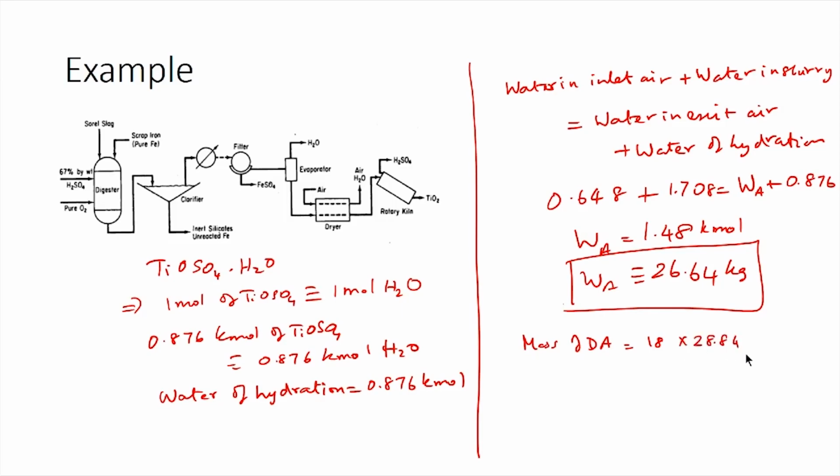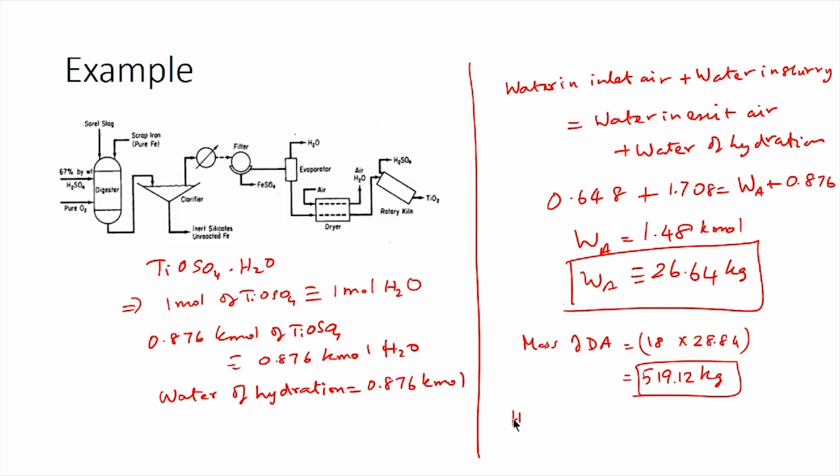If we assume 79% nitrogen and 21% oxygen, the molecular weight for dry air would be 28.84, and using this, the mass of dry air would be equal to 519.12 kilograms. So, for 519.12 kilograms, you have 26.64 kilograms of water leaving.